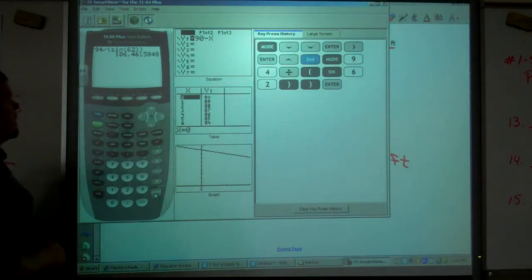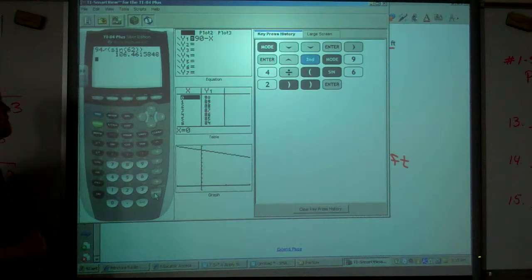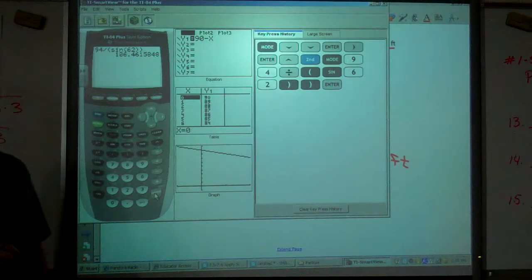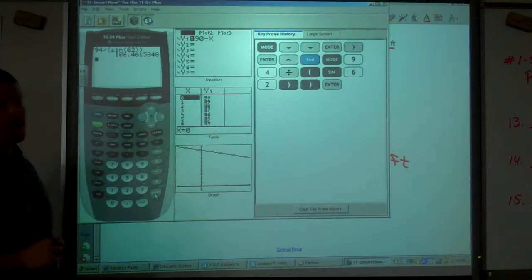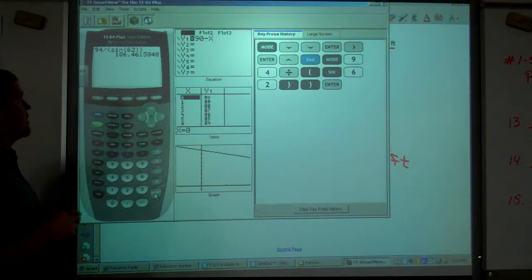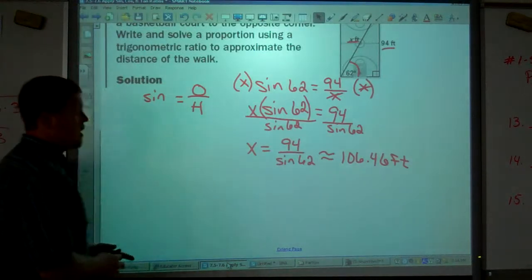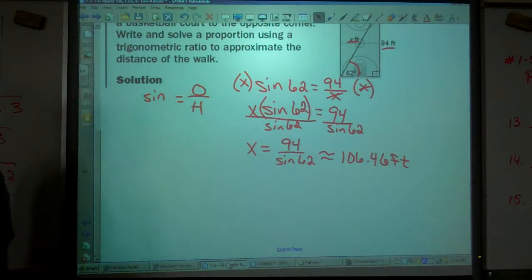Then I hit enter, and I get 106.46. I'll go through in class how to enter these into our calculators based on what kind of calculator you have, because it does vary. Alright, next problem.